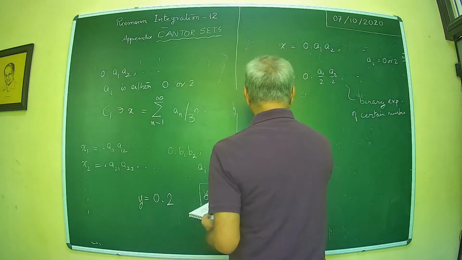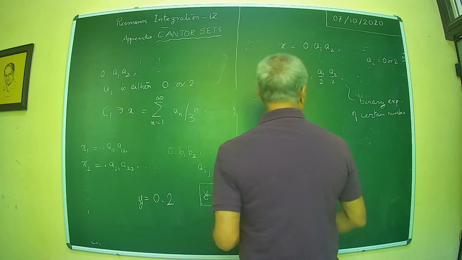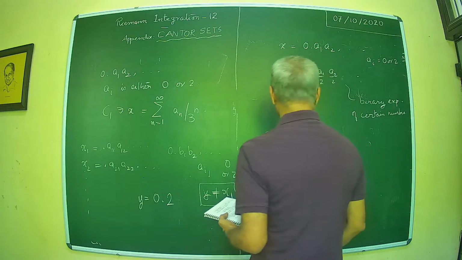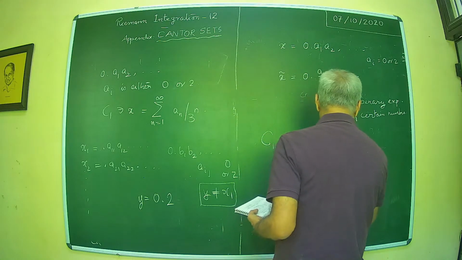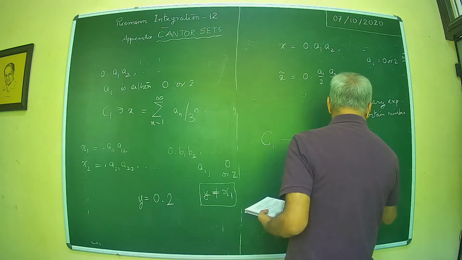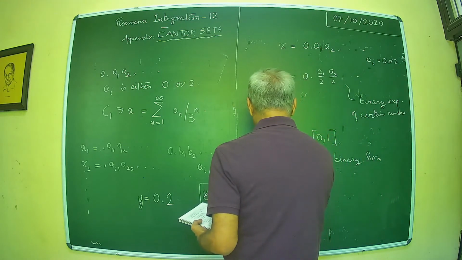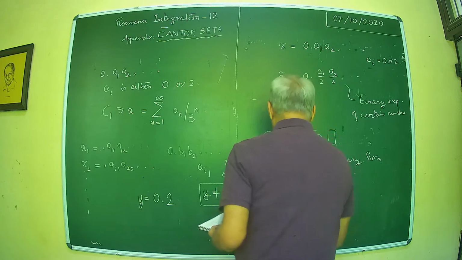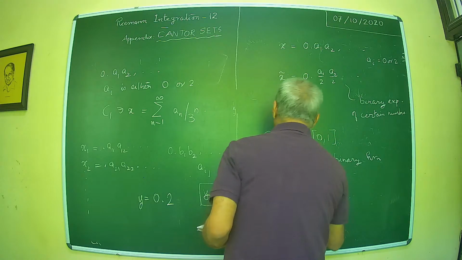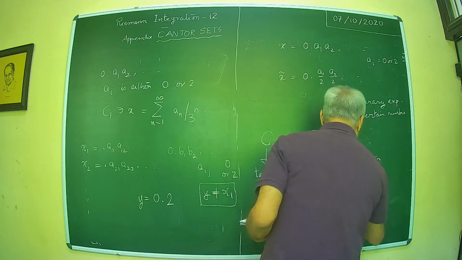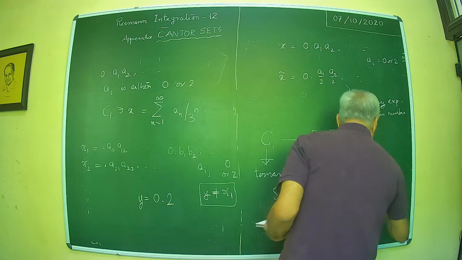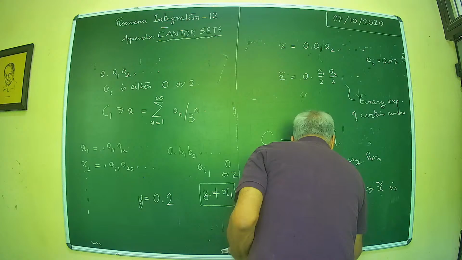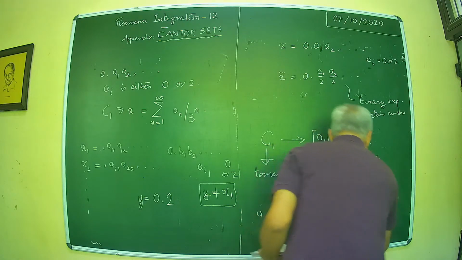Therefore, you can define a map from C1 to the interval 0, 1, and then show that the mapping x to x tilde is a 1-to-1 onto map from C1 to the interval.